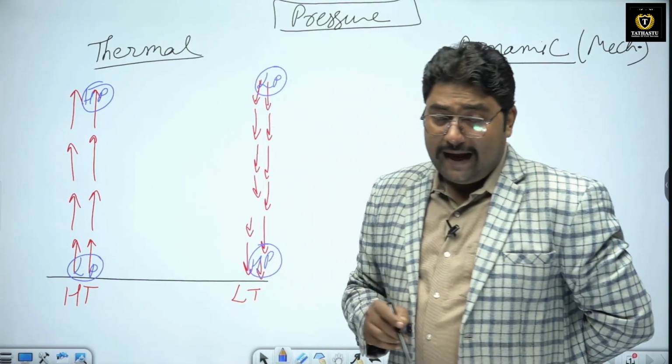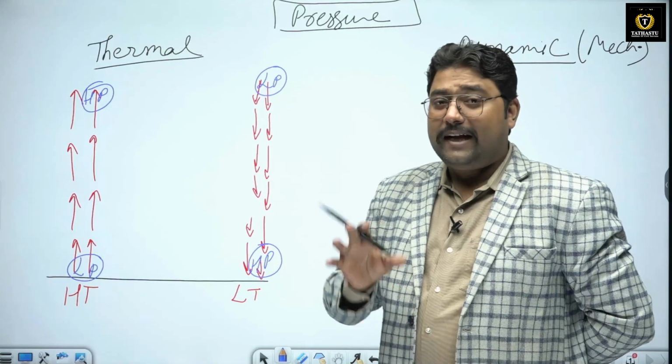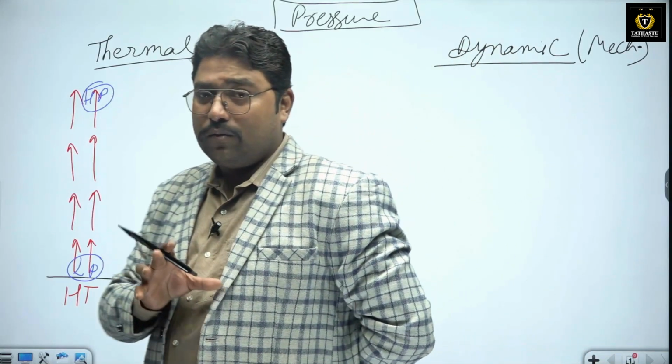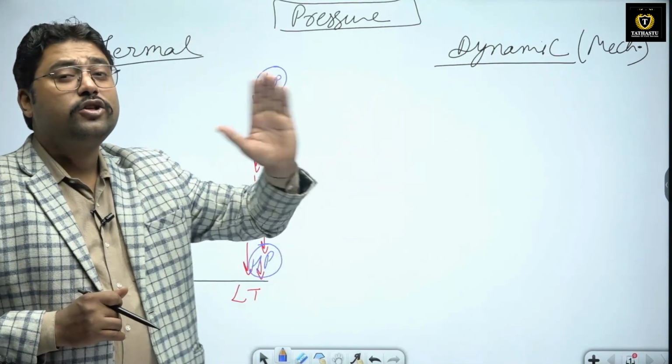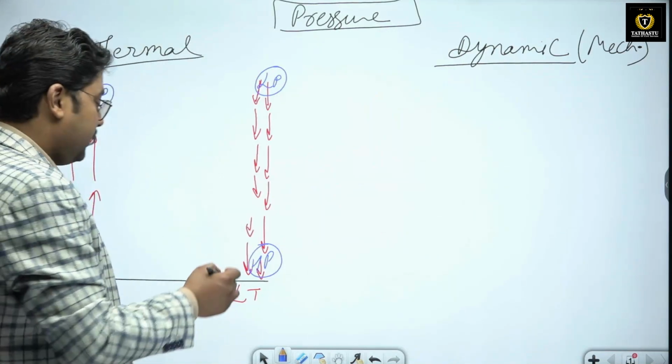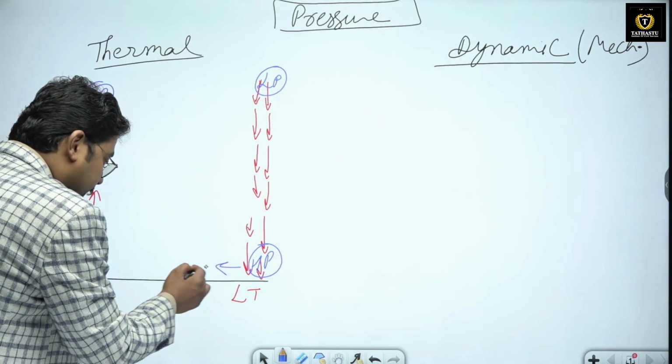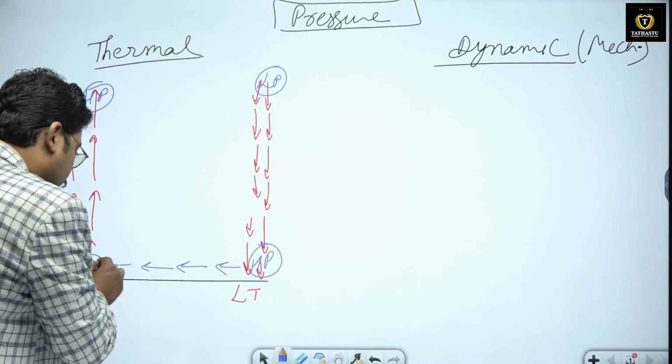And we know that air moves horizontally, due to the pressure difference, in the form of wind from high pressure to low pressure.